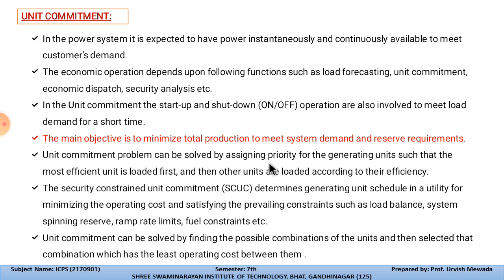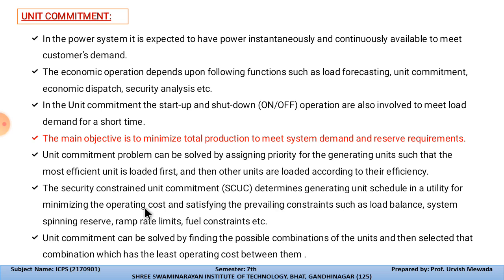The unit commitment problem can be resolved by SCUC, by assigning the priority for the generating units such that the most efficient unit is loaded first, which we already discussed. SCUC determines the generating unit schedule in a utility to minimize the operating cost while satisfying the prevailing constraints such as load balance, system spinning reserve, ramp rate limits, and fuel constraints.